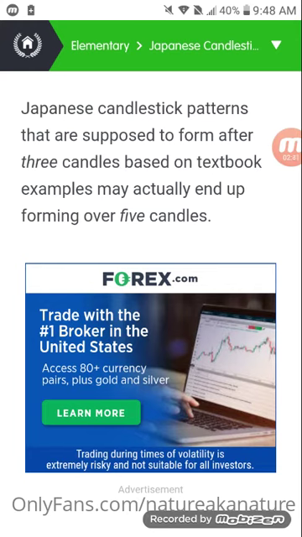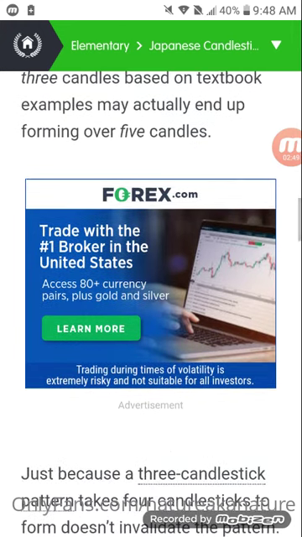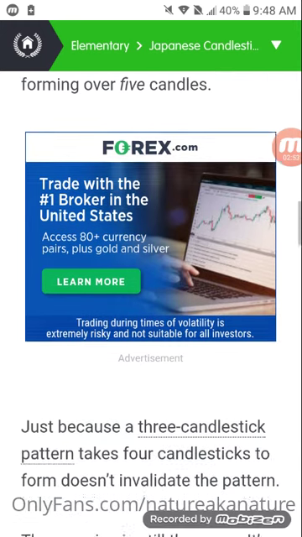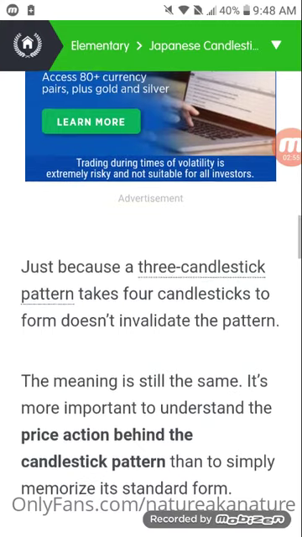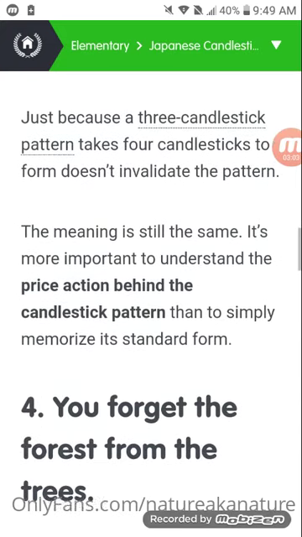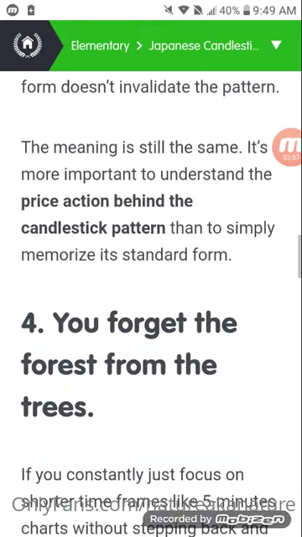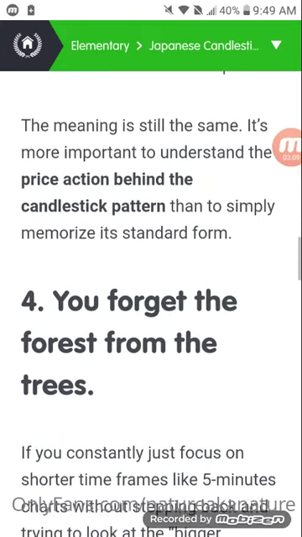Those patterns also help you determine the overall trend of the market. It can take 5 candles before the market actually changes. Just because you see a 3 candlestick pattern, it might take 4 candlesticks to validate that pattern. It's important to understand price action between candlestick patterns rather than simply memorize the standard forms.